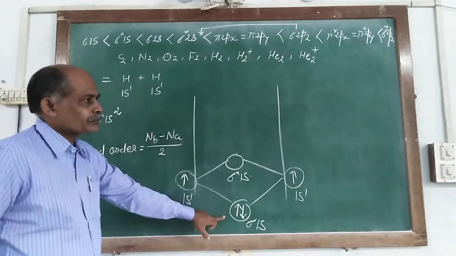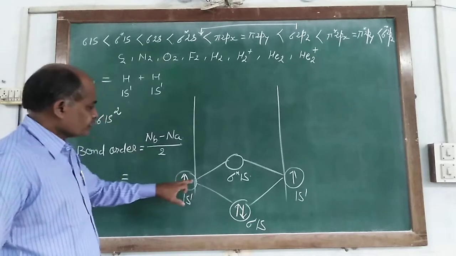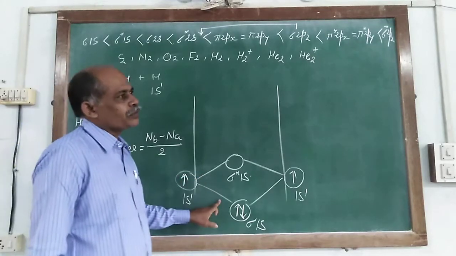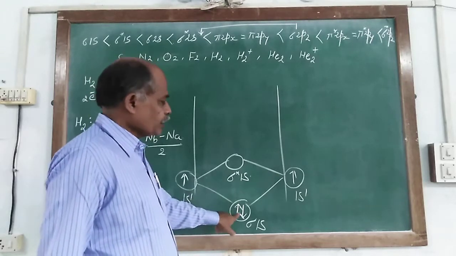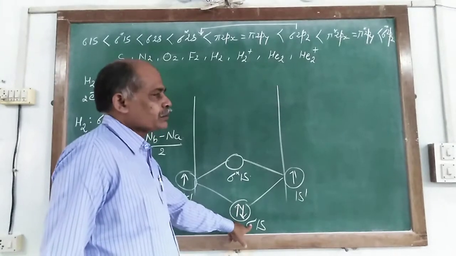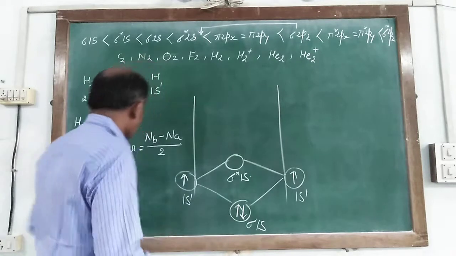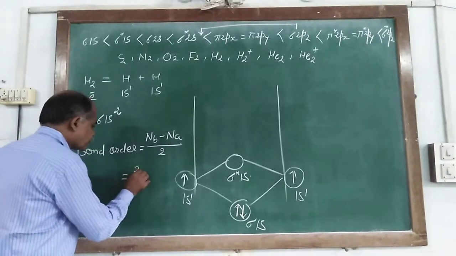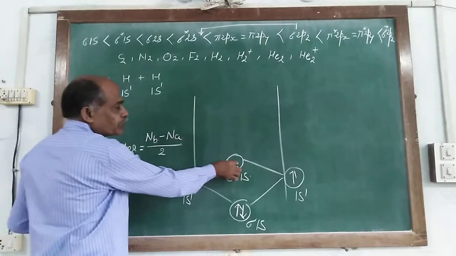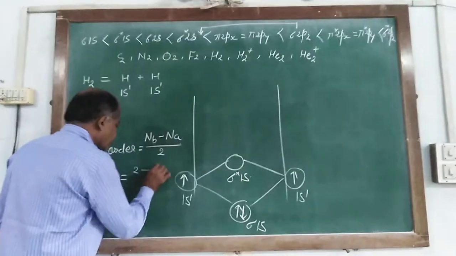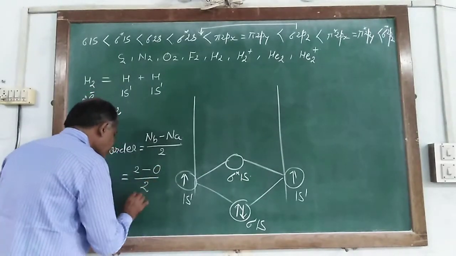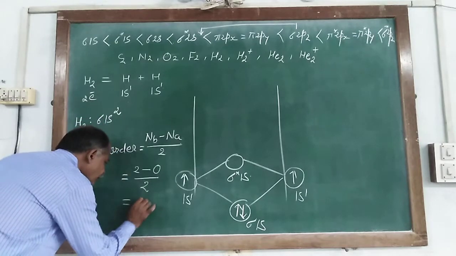So we put the values in this formula. In the molecular orbital diagram of the hydrogen molecule, there are 2 electrons in the bonding molecular orbital, so we put 2. There is no electron in the anti-bonding molecular orbital, so it is 0, divided by 2, so the bond order is 1.